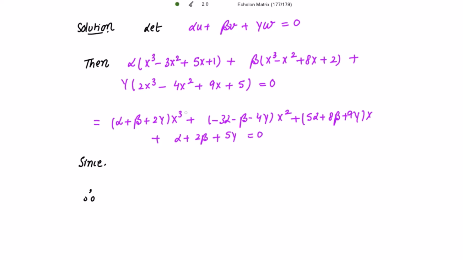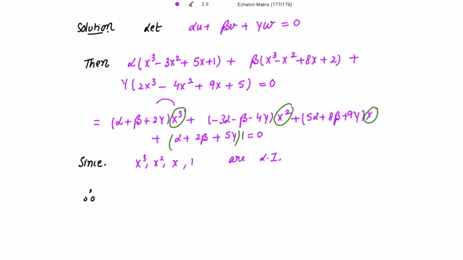We know that x cube, x square, x and the constant 1 are linearly independent. These are the standard basis, right? So since x cube, x square, x, 1 are linearly independent, their scalars should be equal to 0, right?